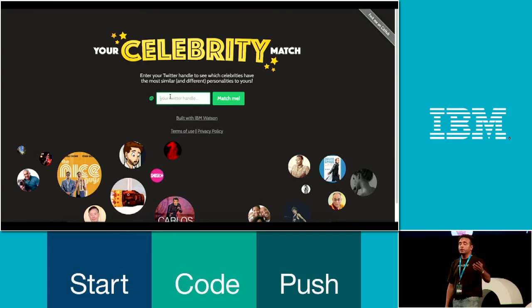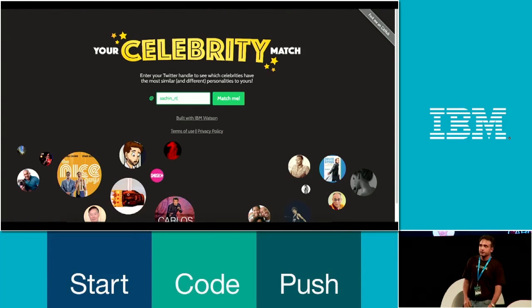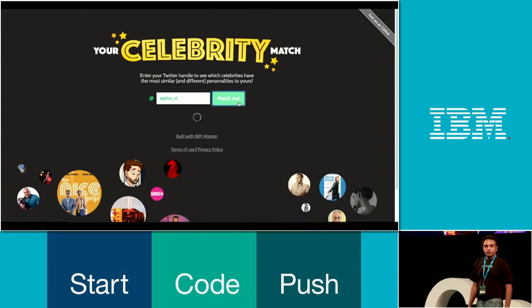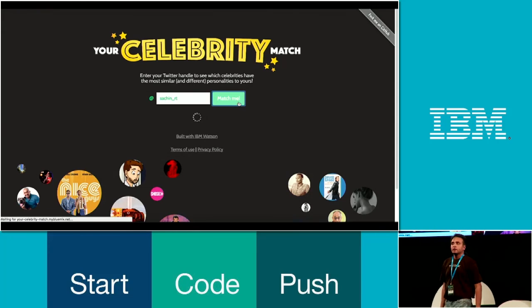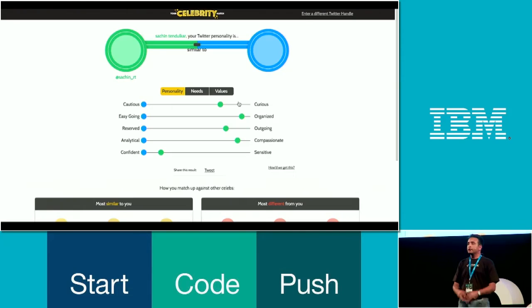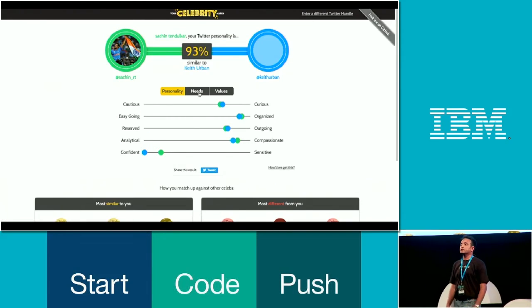I'm a big fan of Sachin Tendulkar, so let me try to find the best matching person for Sachin here using this. And let's see if we find some interesting things.